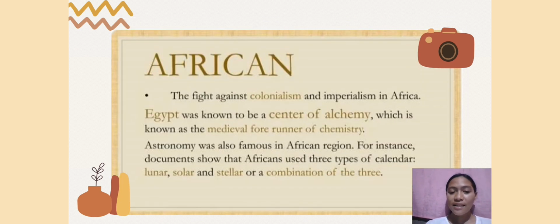And lastly, we have Africa. The fight against colonialism and imperialism in Africa. Egypt was known to be a center of alchemy, which is known as the medieval forerunner of chemistry.